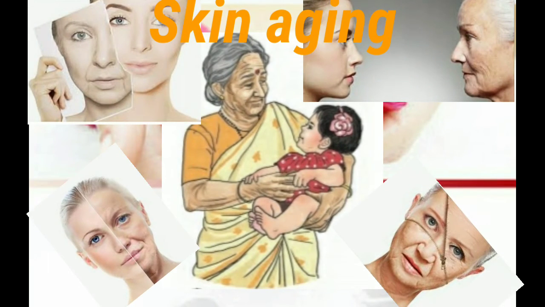Skin aging. Skin aging is characterized by features such as wrinkling, loss of elasticity, laxity, and rough textured appearance. As we grow older, the proportion of fat beneath the skin reduces. However, the previously taut skin does not shrink.